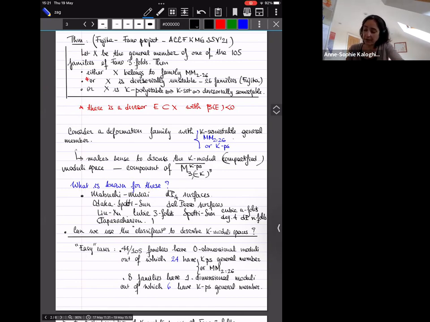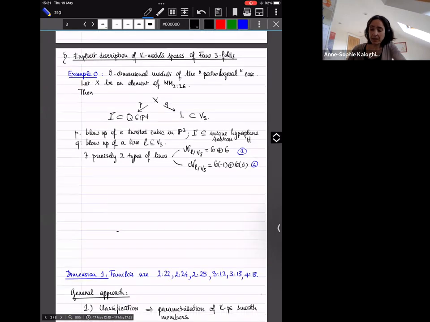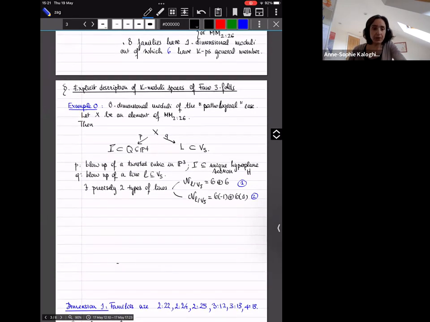And then we have 8 families with one-dimensional moduli, out of which 6 have K-polystable general members. And I'll talk a little bit more about these. But let me start by giving the explicit description of some K moduli spaces of these Fano threefolds. So let me start with the zero-dimensional moduli of this pathological case.